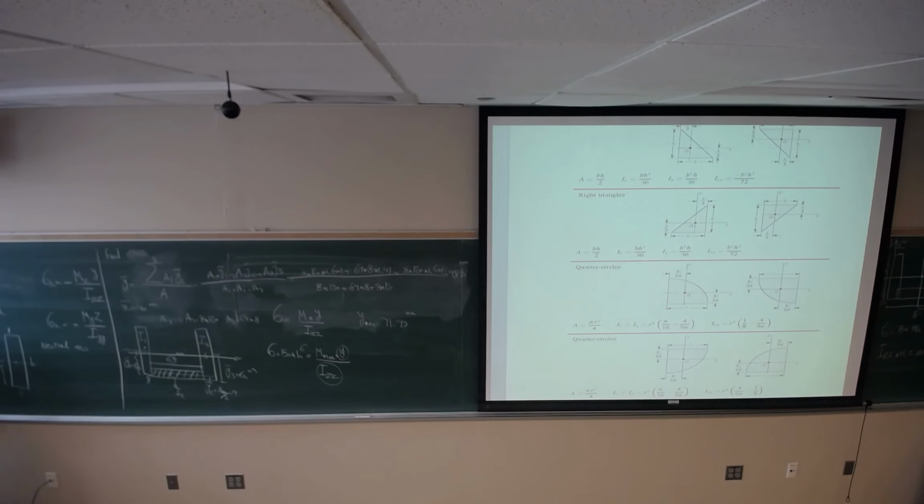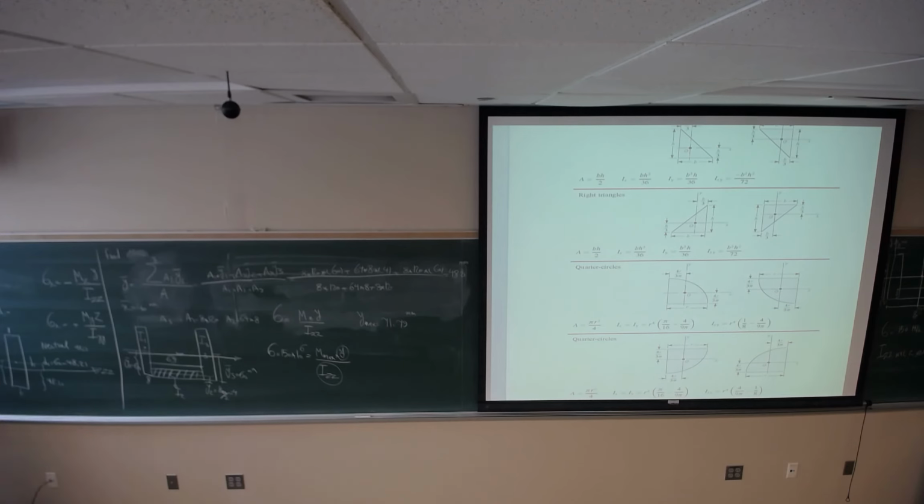What is D1? The axis that I have is located at a distance of 48.21. This is the axis that I would like to find the second moment of area with respect to. What is the distance between these two? This is 60, this is 48.21. D1 is 60 minus 48.21.